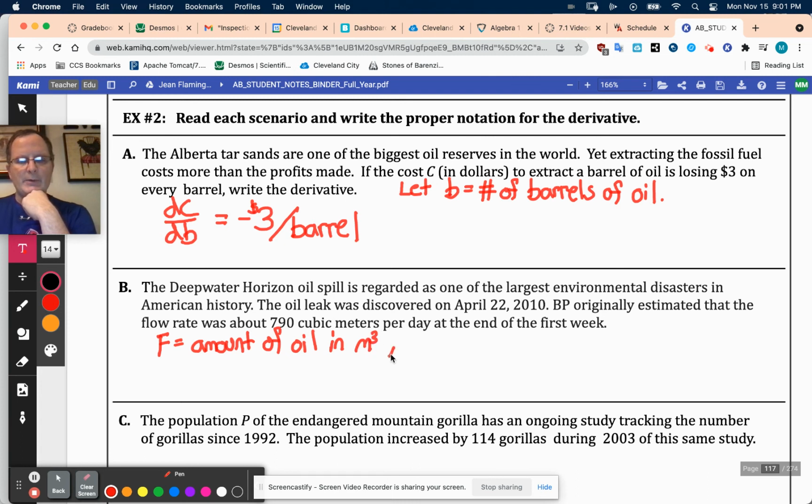And then also we would want to say I'm going to use T for time. So T equals the time in days.